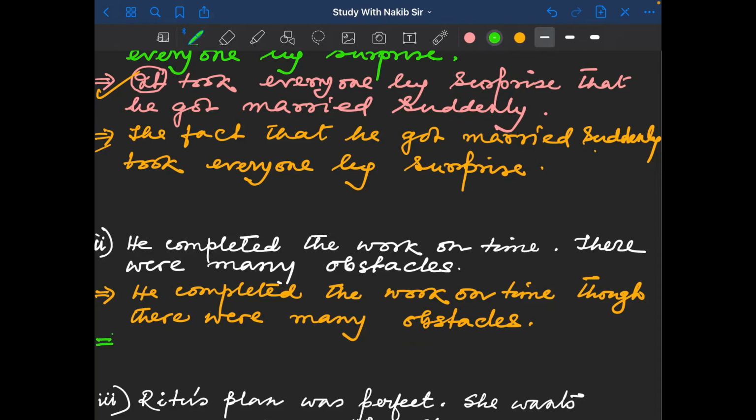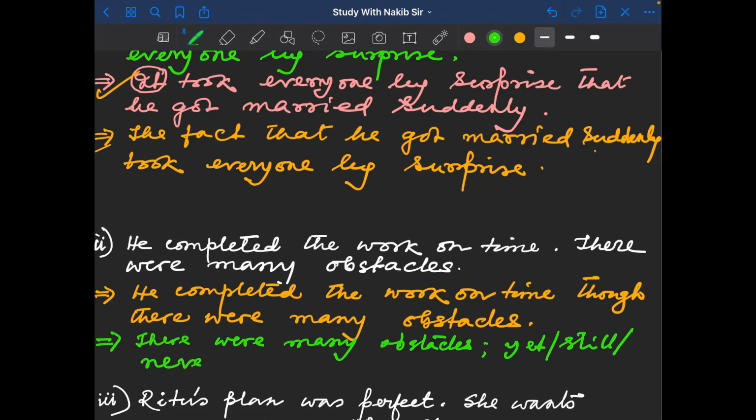See, there were many obstacles, semicolon, yet or still or nevertheless.